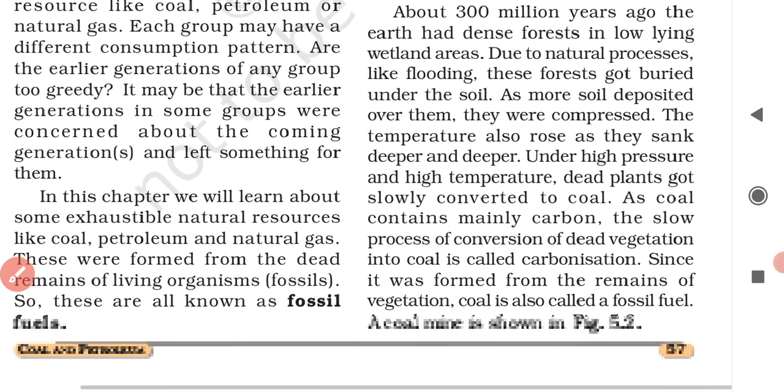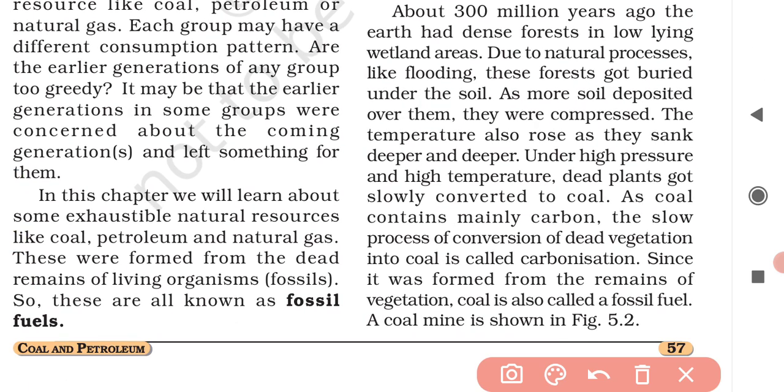So the slow process of conversion of dead vegetation into coal is called carbonization. This process of formation of coal from dead vegetation of plants and animals is called carbonization.